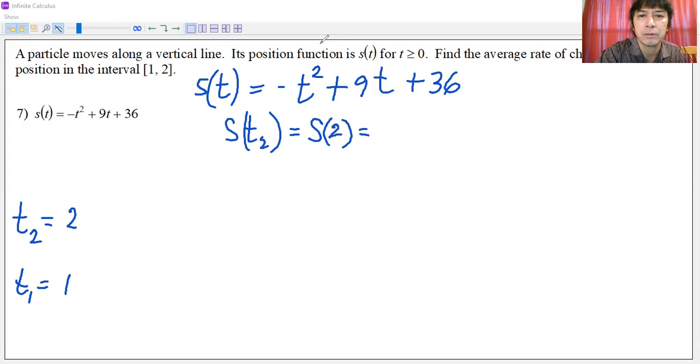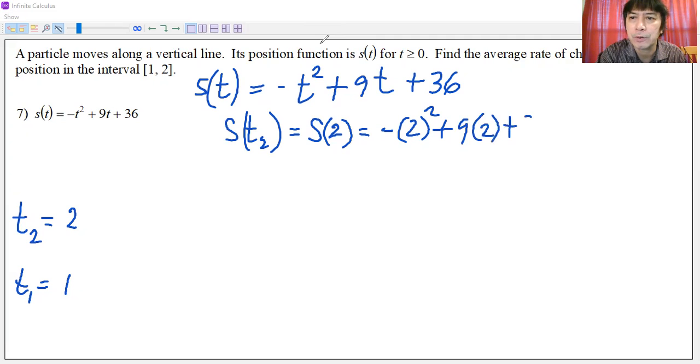This is equal to, all letter t's will be occupied by the number 2. So this is negative 2 squared. We will not include the negative in the squaring, of course. The negative is outside, so it's the negative of t squared. So it's the negative of 2 squared plus 9 times 2 plus 36.